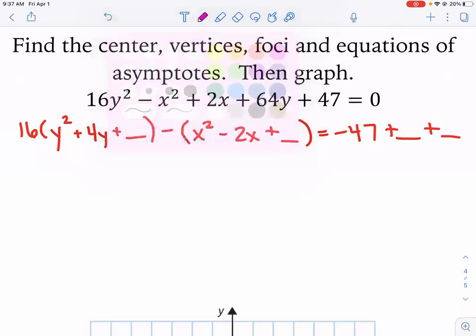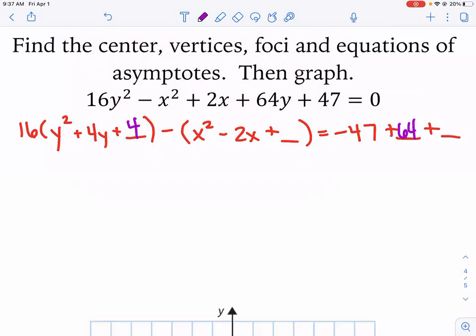Okay, what completes our square right here? B over 2 squared gives us 4, but we're not really adding 4. We're adding 4 times 16, which is 64.